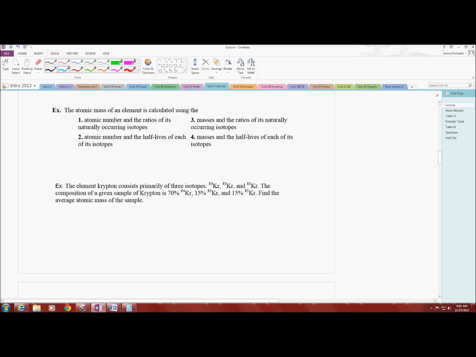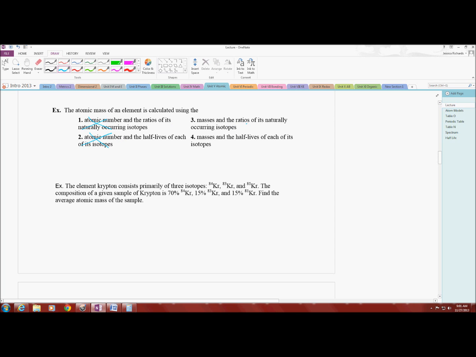They're using atomic number and ratios of isotopes, atomic number and half-lives, masses and ratios of isotopes, masses and half-lives. So they obviously have these four choices, and we can eliminate two of them if you know one of the two parts. So if you can remember that mass is, of course, based on their masses, hopefully you're automatically going to get rid of the atomic number ones.